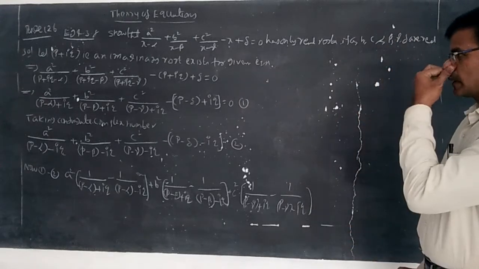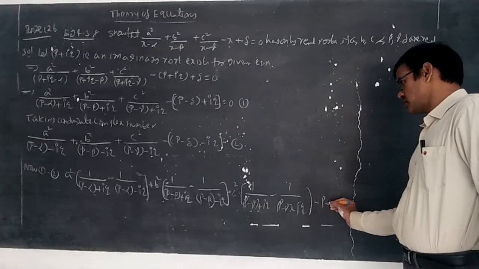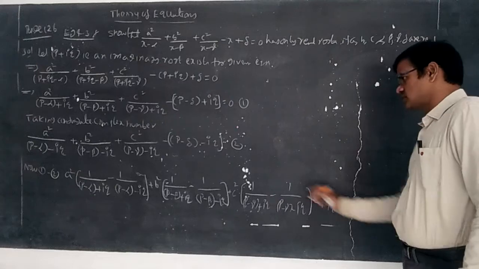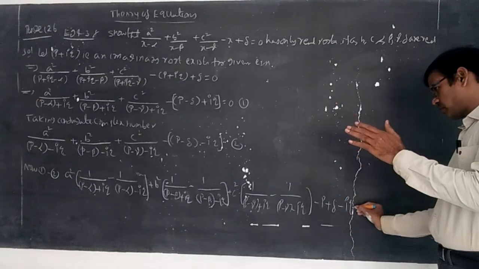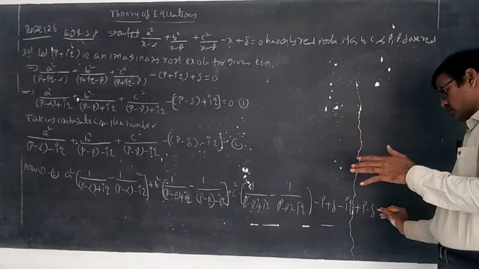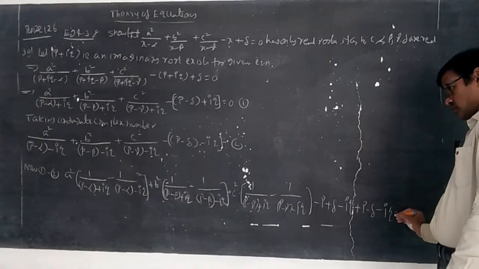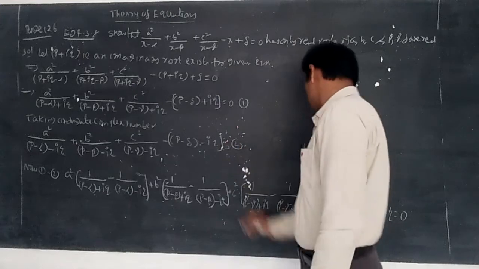Next one, minus p plus delta minus iq, and for this term you are doing plus minus, so it becomes plus p minus delta minus iq, equal to 0. This is also equal to 0.